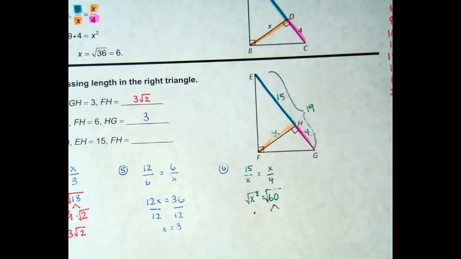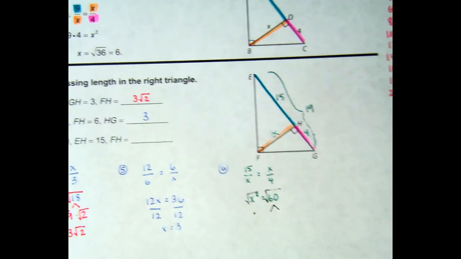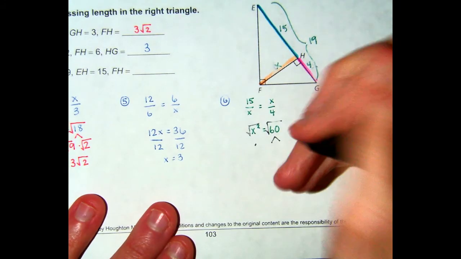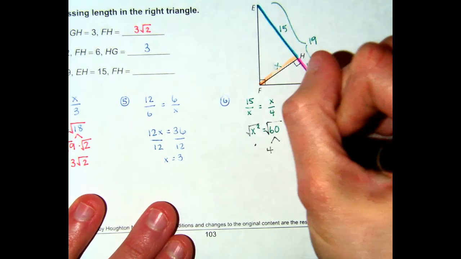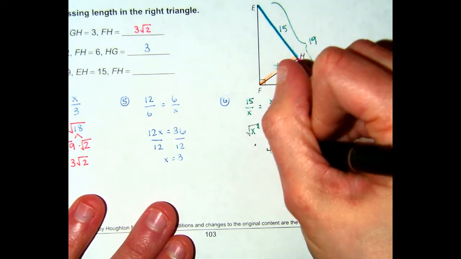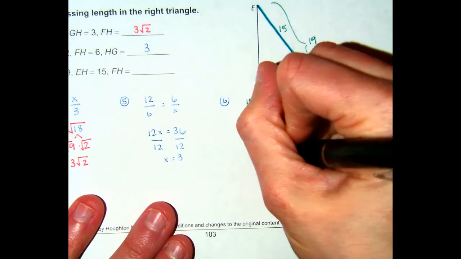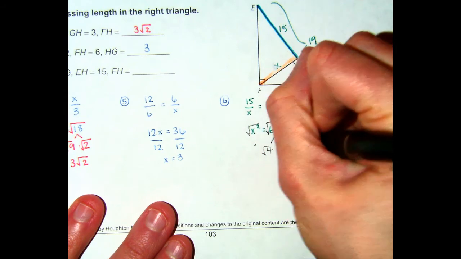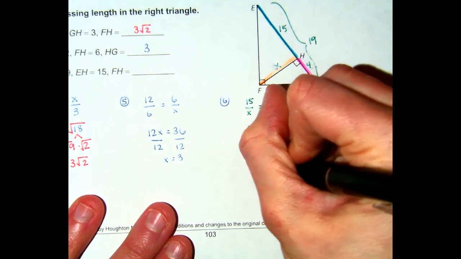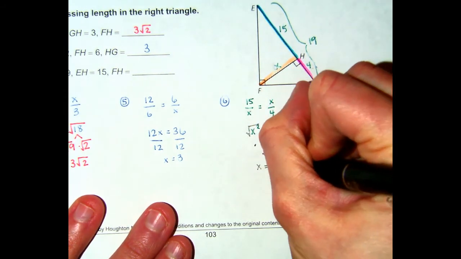What perfect square divides into 60? What's a factor that's 4? Did you feel like that was too small? 4 and 15, okay. What's the square root of 4? So what's left inside? 15. So 2 square root of 15.